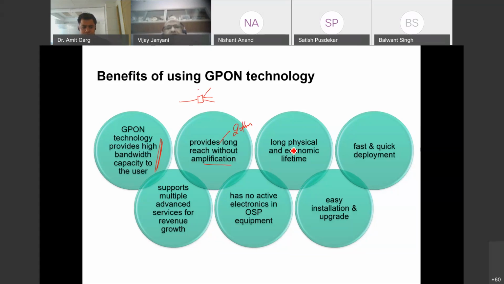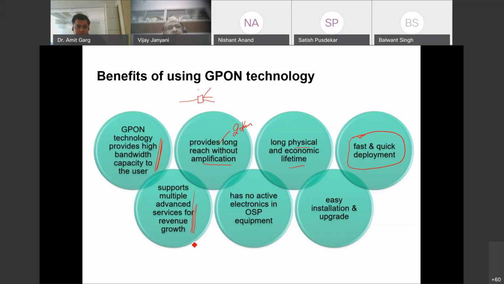They have long physical and economic lifetime, and fast and quick deployment. You might have seen that they come to your house for installation, and within maybe half an hour they can install this. It supports multiple advanced services for revenue growth.